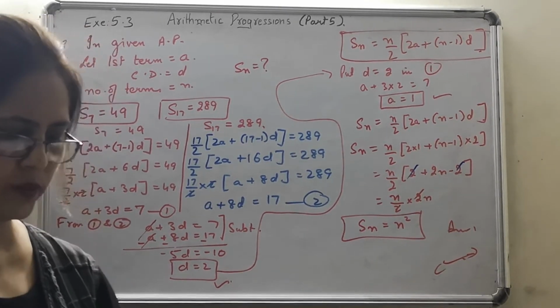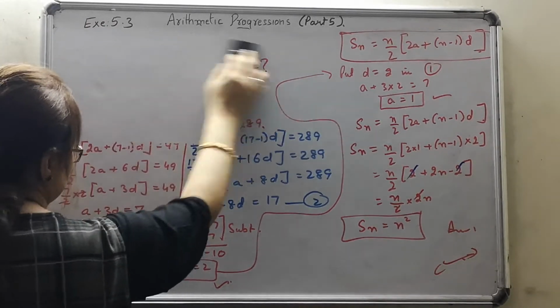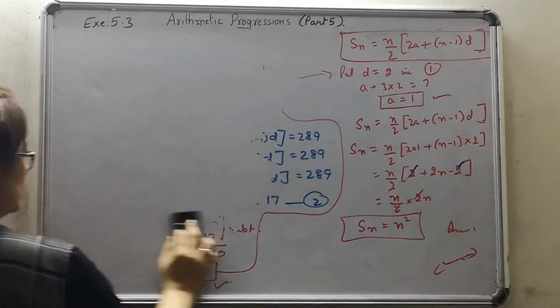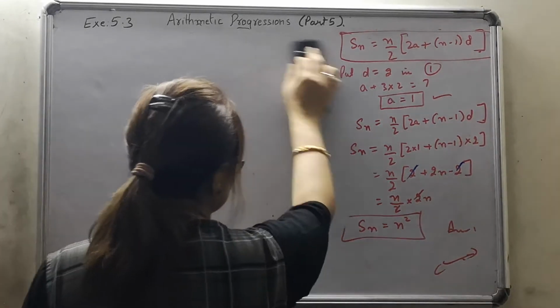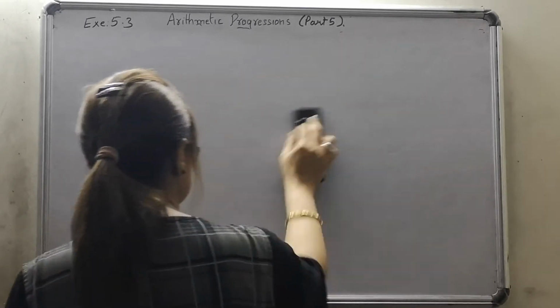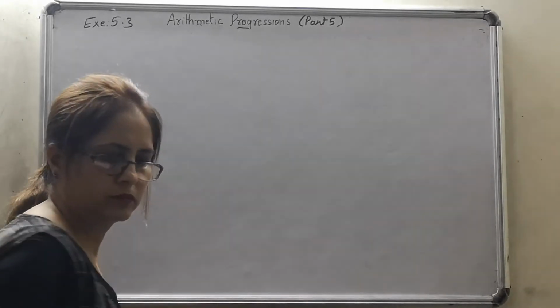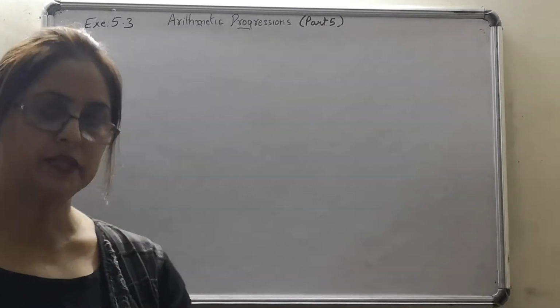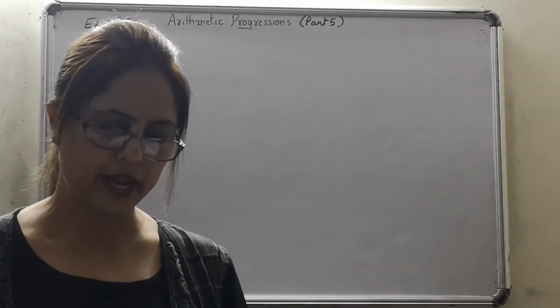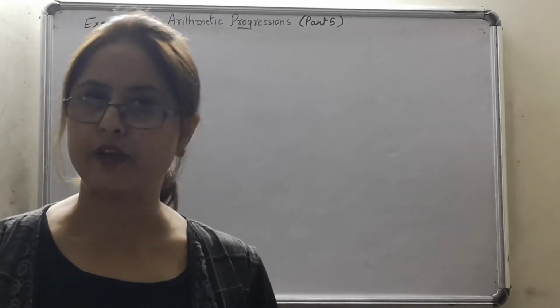We have quiz number 10 with us right now. Question 10 says show that A1, A2, AN and so on form an AP where AN is defined as following.